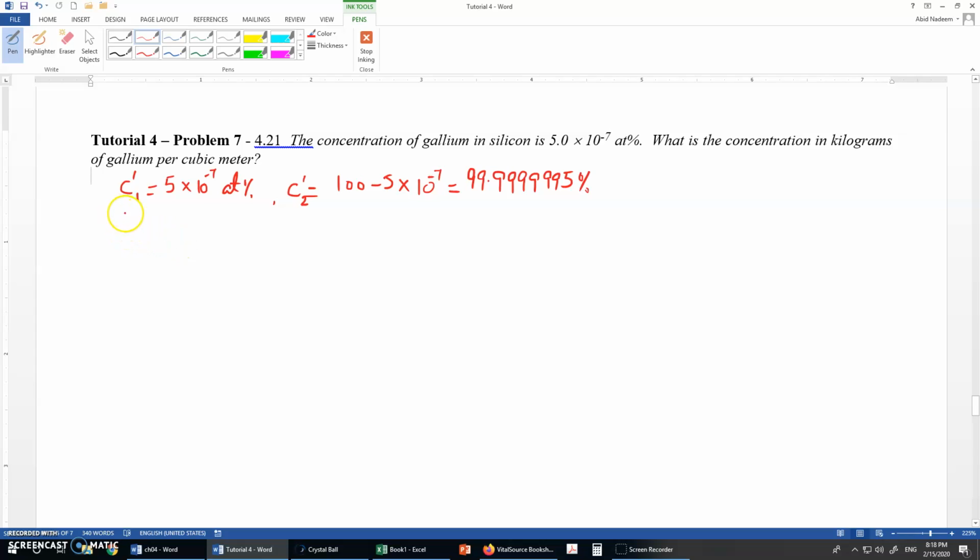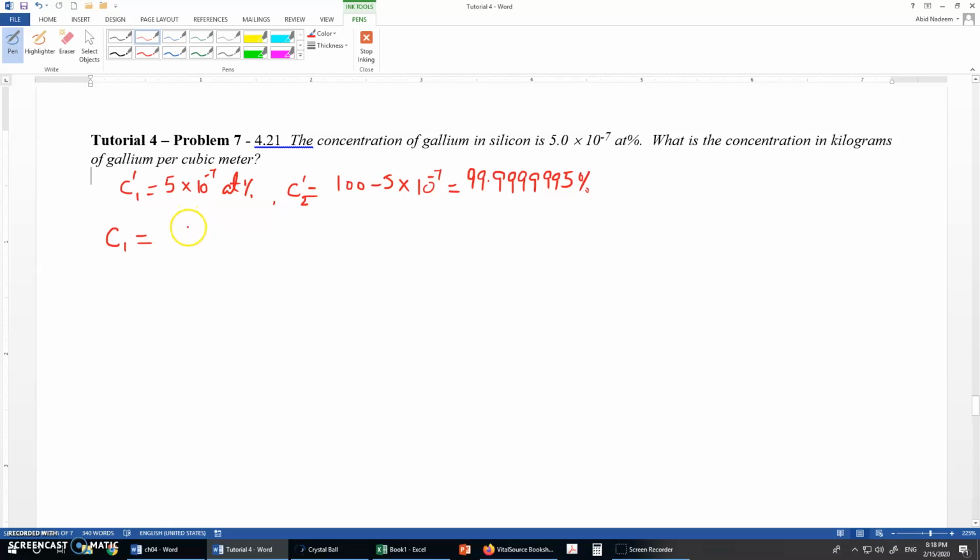Okay, so this atomic percentage can be converted into the mass percentage or the weight percentage by this equation. For example, if I want to convert for gallium, which I'm showing by 1, it will be represented by C1, without the prime.